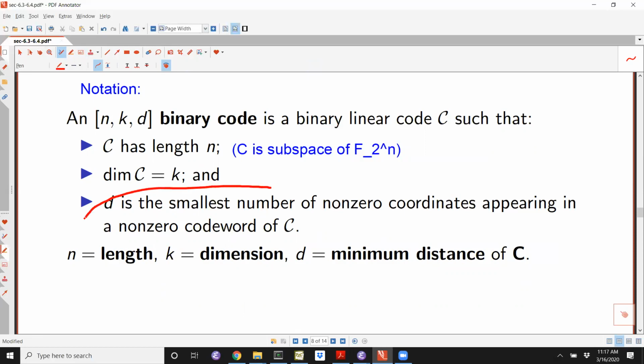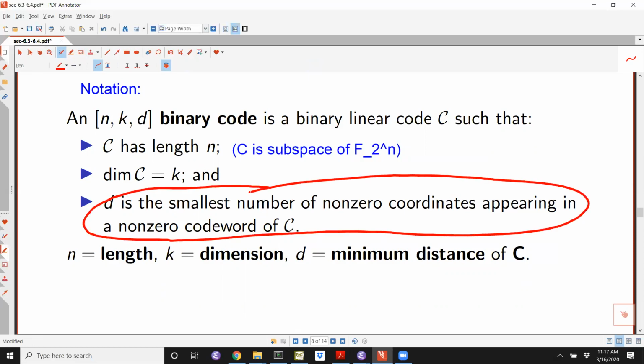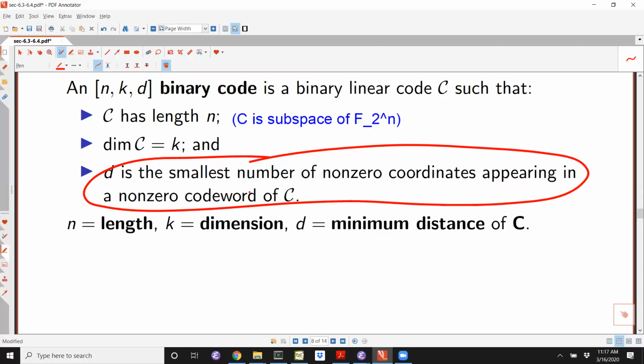The new thing is this minimum distance d. We'll explore that momentarily. Again, d is the smallest number of non-zero coordinates appearing in a non-zero code word of C, and that's the minimum distance.